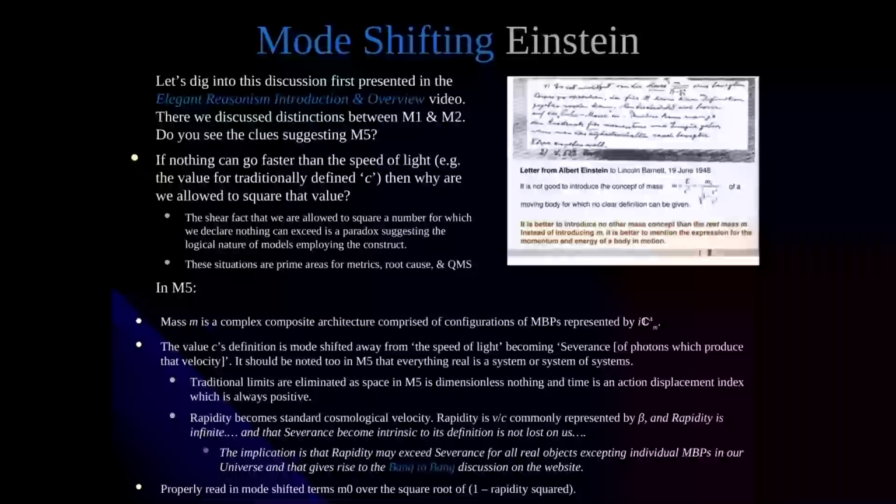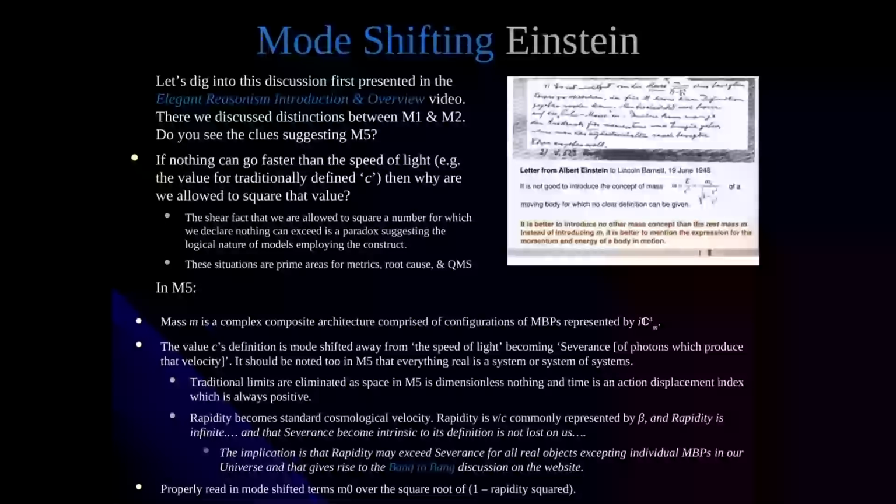And so that's an example of a clue that's left by the unified universe, that your thinking is logical in nature rather than a physical thing. So M5 is a complex composite architecture comprised of configurations of MBPs represented in this case by I and then the complex C. And we will take action as the fourth dimension there.